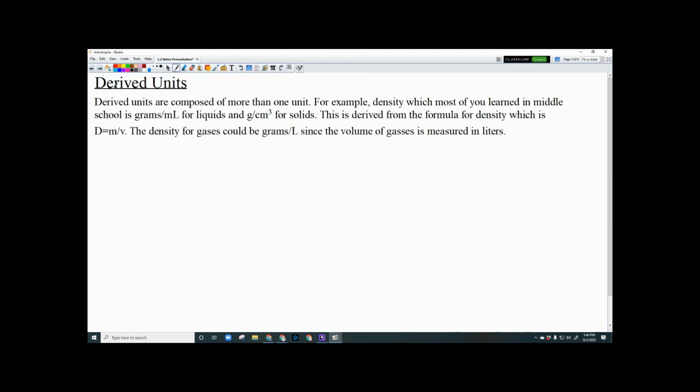All right, and next I want to talk a little bit about a derived unit. A derived unit is composed of more than one unit. We saw this on one of our warm-up questions where we have, for example, density, which is something that you learned in junior high. Density is mass divided by volume. So if we have a mass of, say, 10 grams and a volume of 5 milliliters, we take and divide this. 10 divided by 5 is 2.